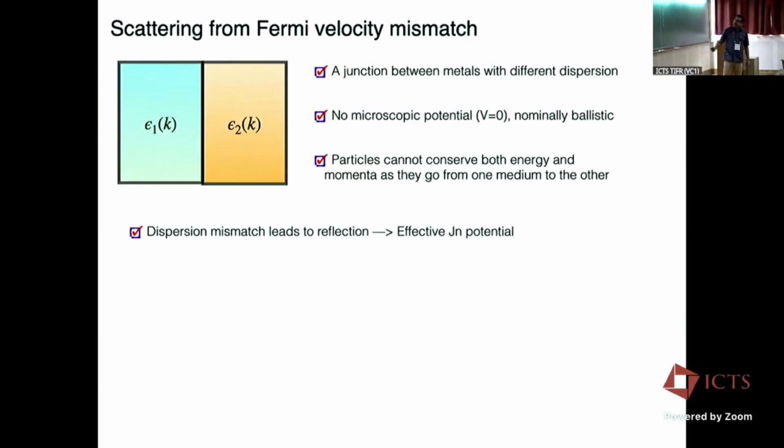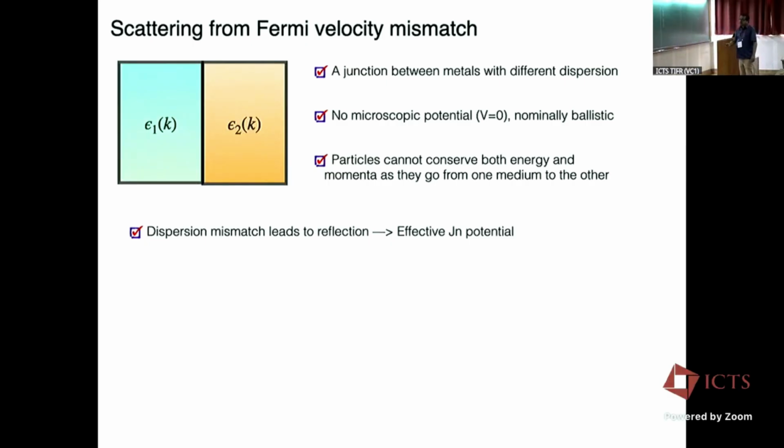The simple fact that the dispersions are different will mean that particles cannot conserve both energy and momenta, and as a result, as they go from one medium to another, they'll be reflected. In other ways of thinking about it, you would think of it more or less like an impedance mismatch, creating reflections and so on and so forth.